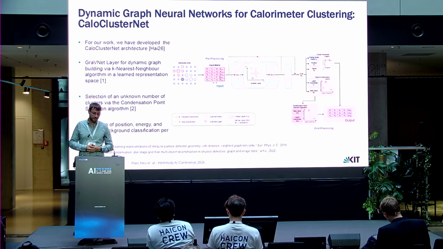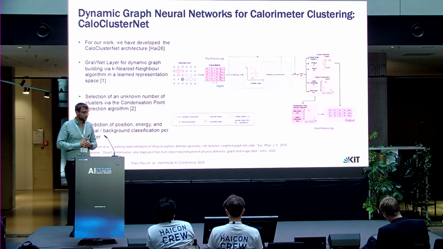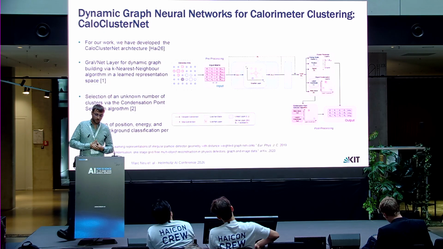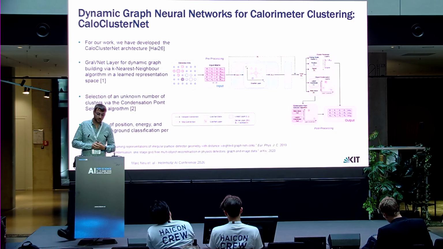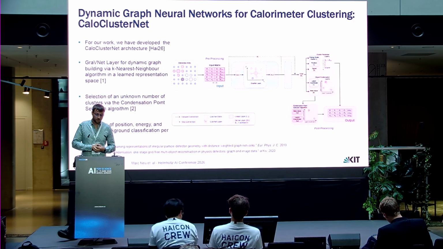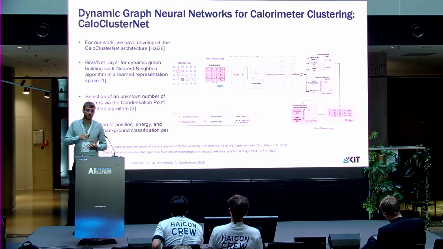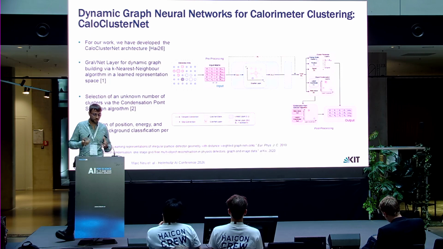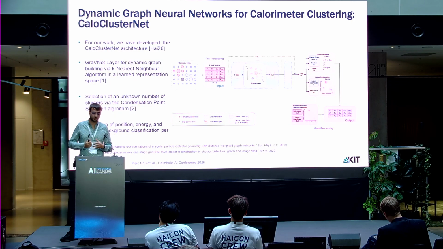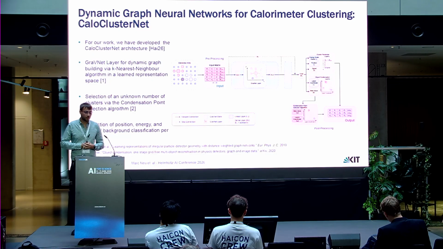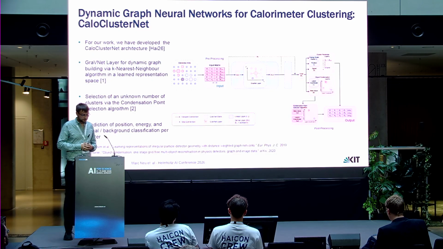The approach that we use here is a dynamic graph neural network for this calorimeter clustering. We call this Color Cluster Net. We have developed this architecture specifically for this Belle II detector, and it's based on a network architecture called GravNet, which does dynamic graph building via k nearest neighbor and then message passing on the learned representation. You can see the algorithm on the right here.